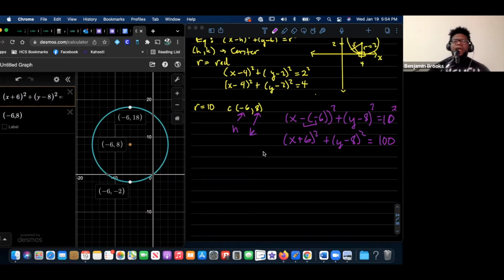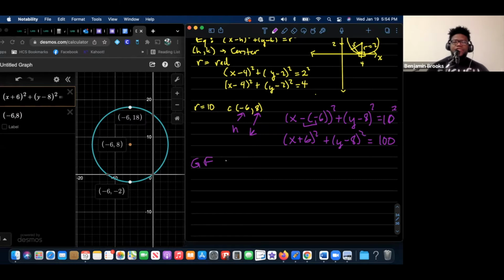Now we're going to talk about putting this equation in general form. Once again, we should be on page 9 for those of you who are in the book. Now, the general form of an equation of a circle. We talked about standard form, now we're going to get to general form.